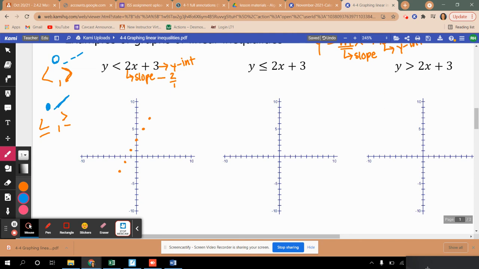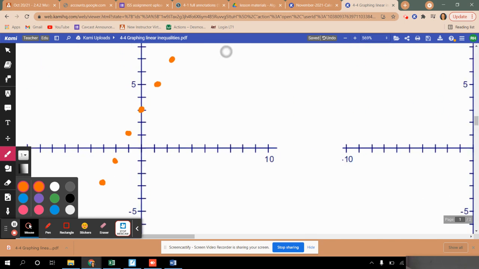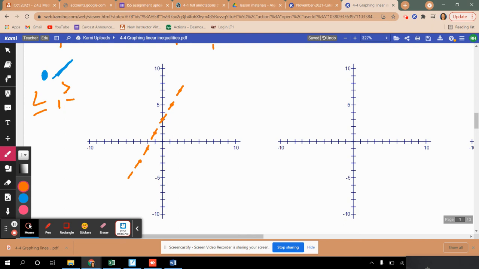Since this one is just less than, we are going to have a dashed line across here. So you're just going to make a dashed line of sorts like this, and I'm just going to extend it up and down across this.